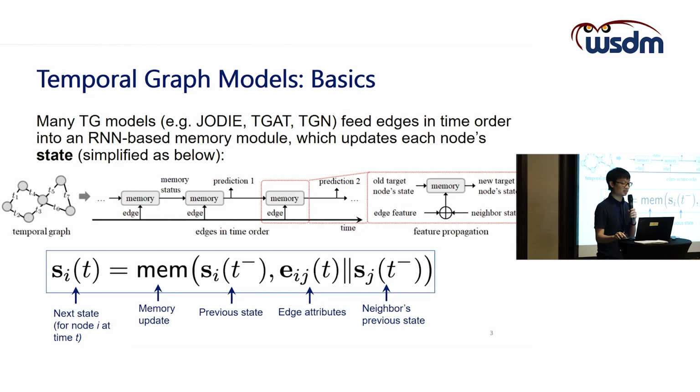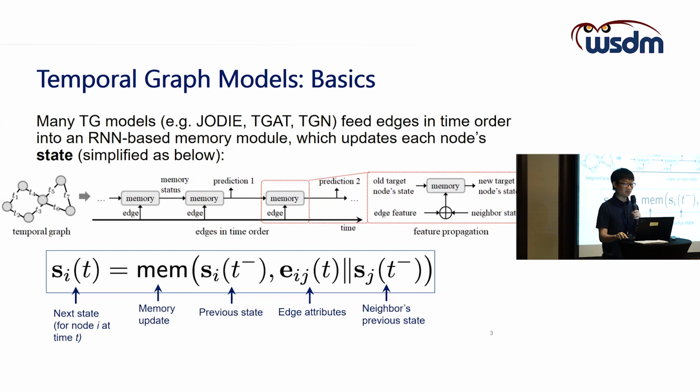These three are some of the most well-known ones, but most of them are based on a reasonably common design approach: they feed the edges in temporal order into some kind of neural network module, which they refer to as a memory module. Usually it's an RNN-based memory module, and what this module does is update each node's state.